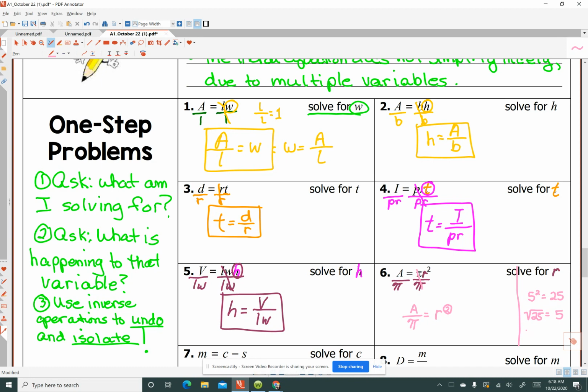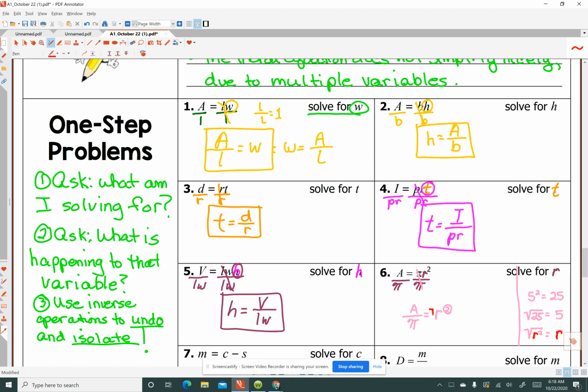Likewise, if I take the square root of anything squared, including R, that would isolate R. The square root of something squared equals whatever that is that's being squared. I'm going to highlight that in red there. So the square root of something squared equals that something.